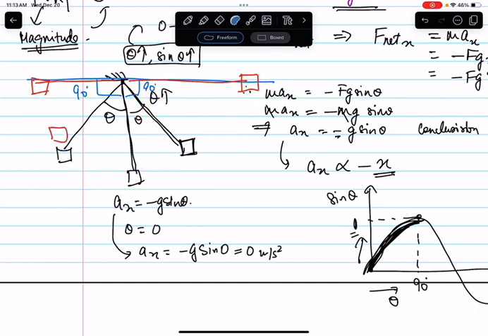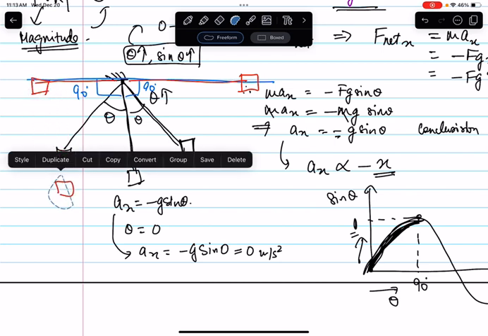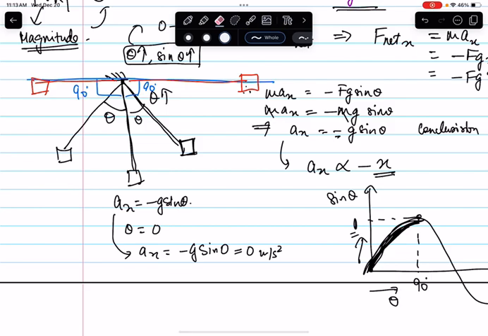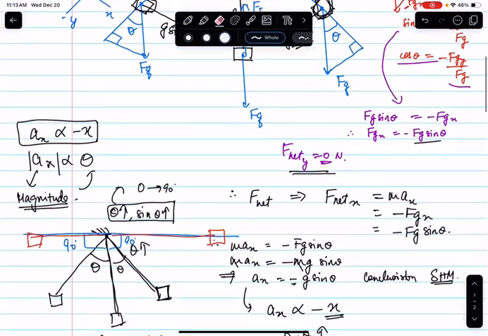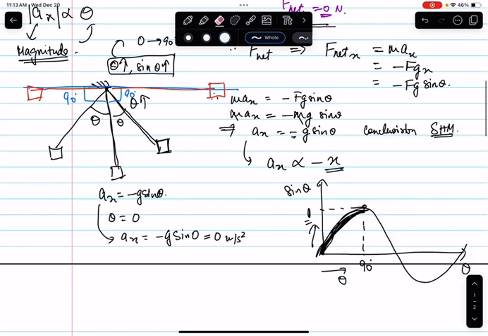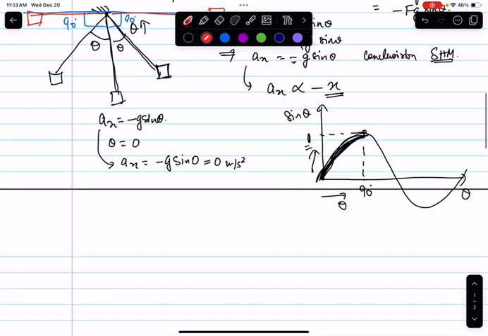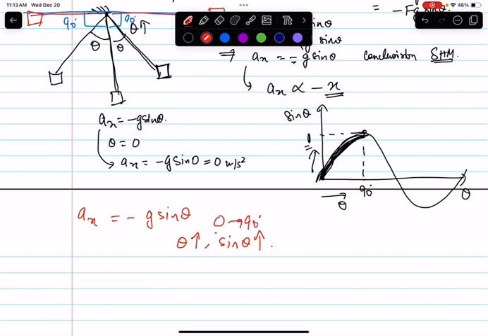And then that's how you get that maximum displacement. Now the pendulum doesn't always have to go to 90, but let's say you make it go to 90 by applying a higher force, if that's the system that you design. Okay? So therefore we can say that over here the acceleration in the x direction is negative g sine of theta, and as theta rises, sine of theta rises, which goes from 0 to 90 degrees.